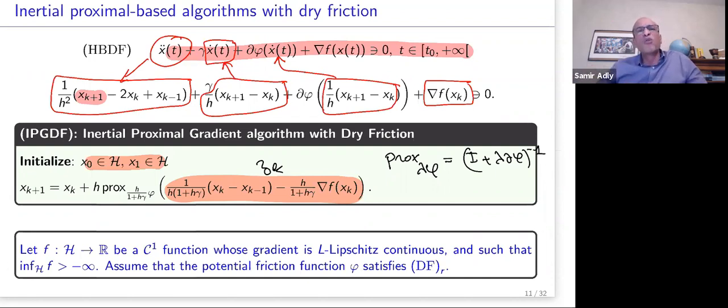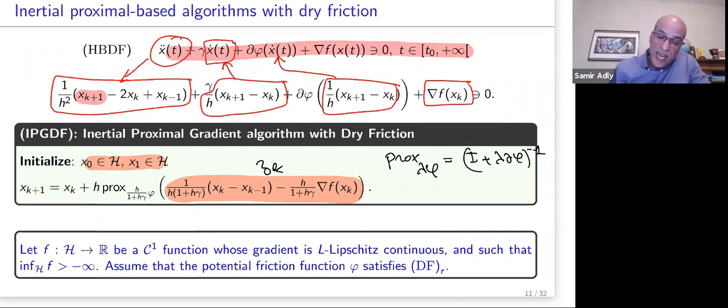Usually we lose some properties when we pass from continuous dynamics to discrete dynamics. But in this case, we will show that the same pattern will be valid. It means that the sequence xk will converge in finite steps.